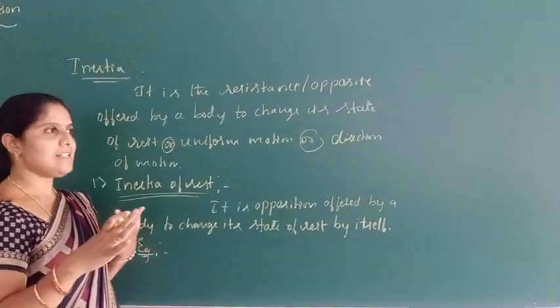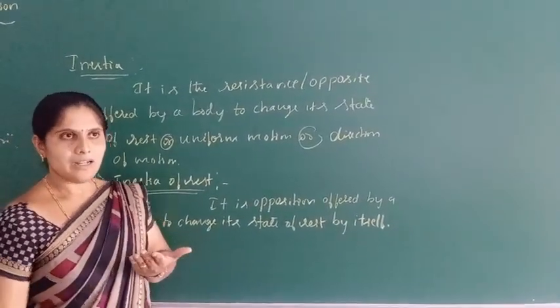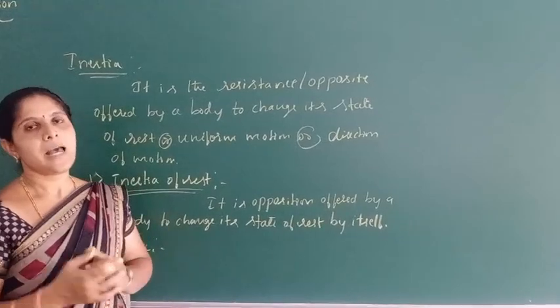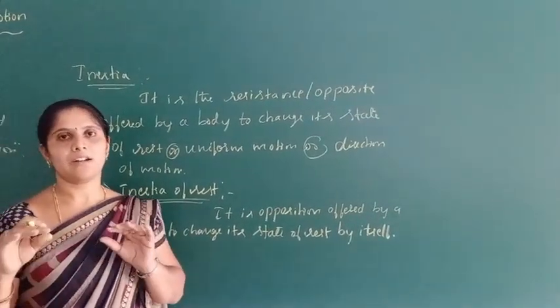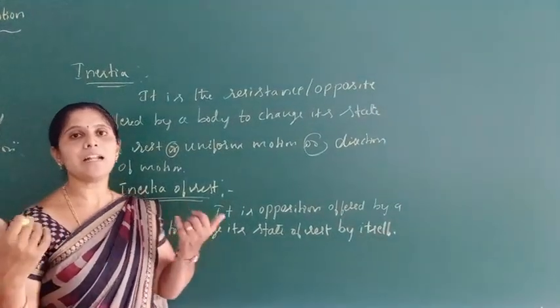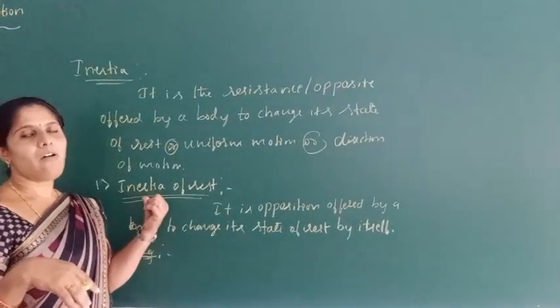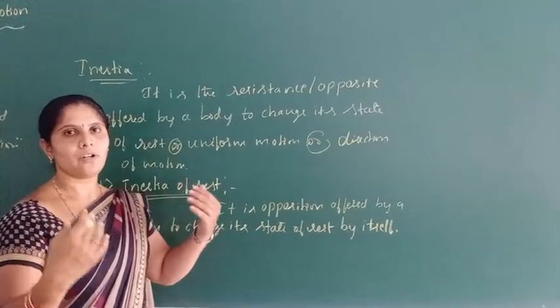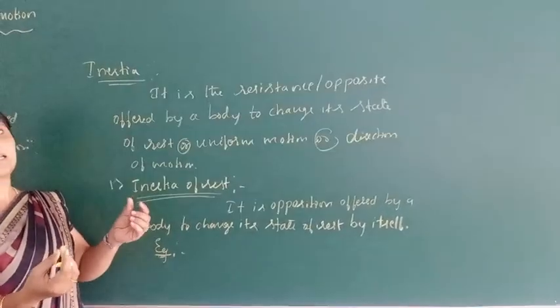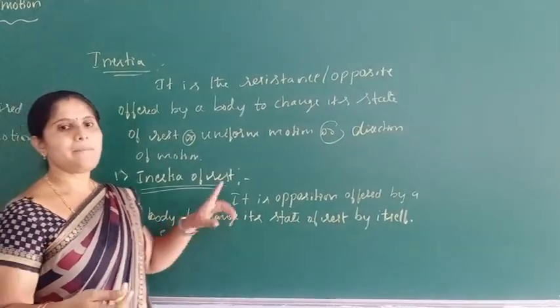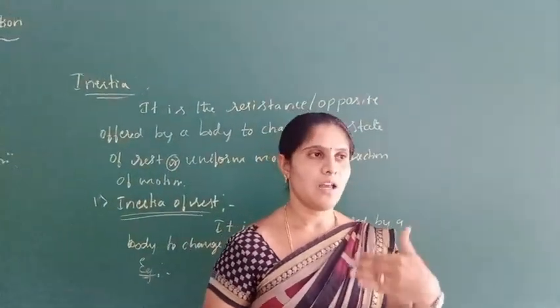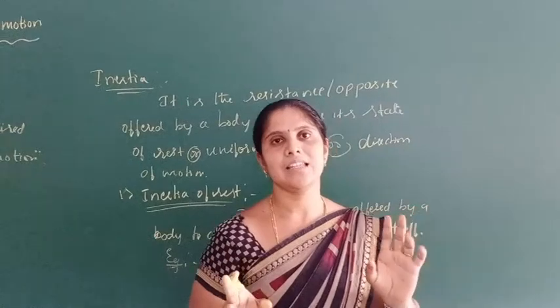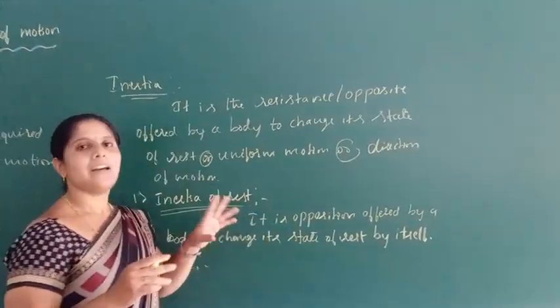When the bus starts suddenly, the lower part also moves with the bus, but the upper part remains at rest due to inertia of rest. Therefore, we feel a backward jerk. We observe the backward jerk only when the bus starts suddenly. This is due to the inertia of rest.